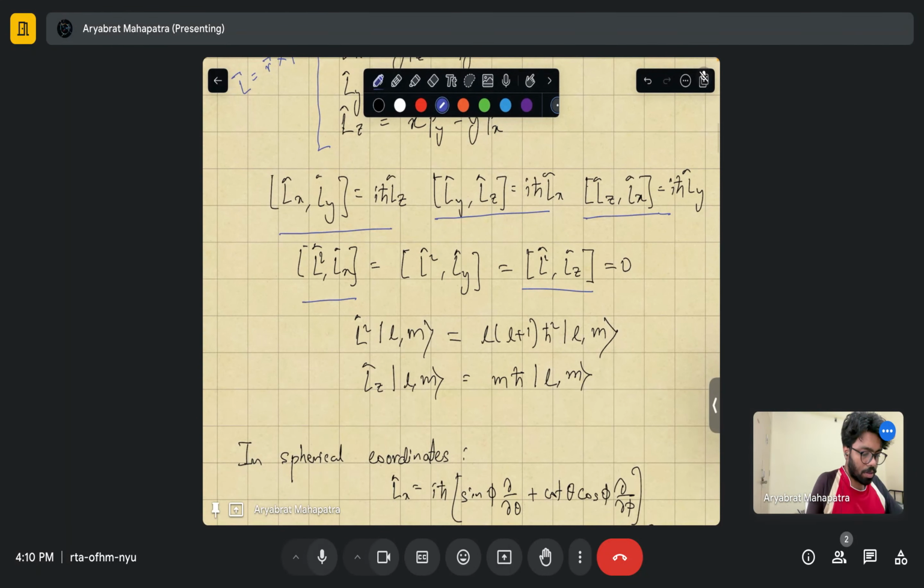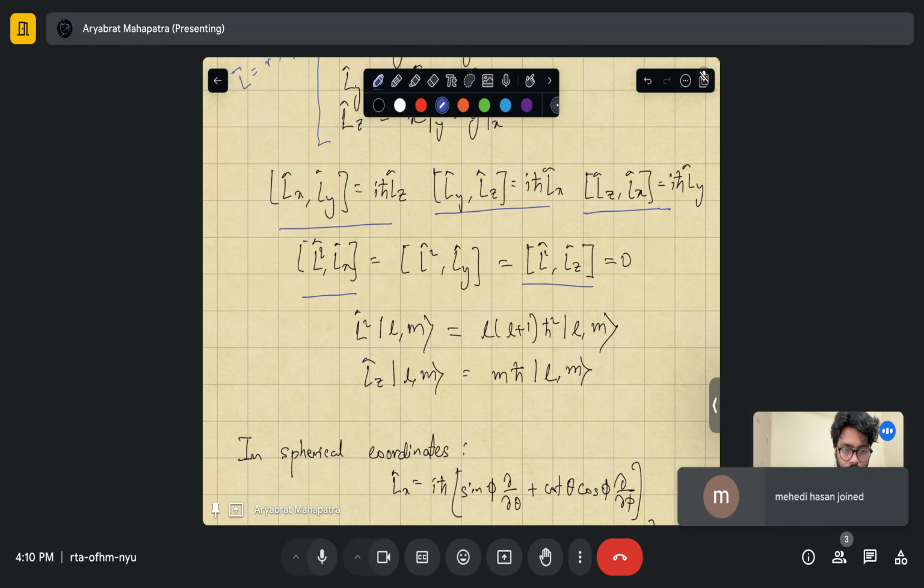The reason is that L square and Lx share a common eigenstate, and that eigenfunction is what I was talking about, spherical harmonics. I think these are things we have already gone through.